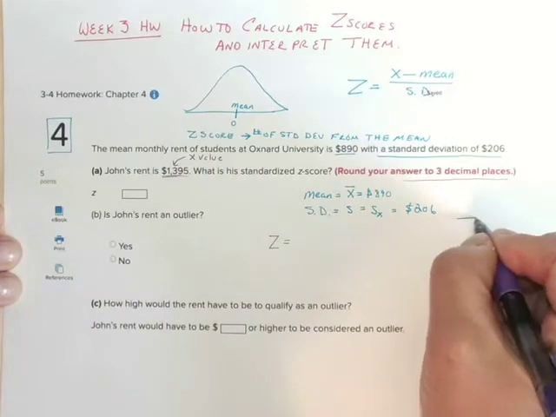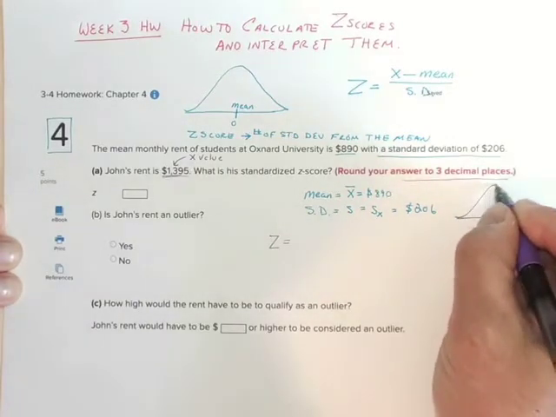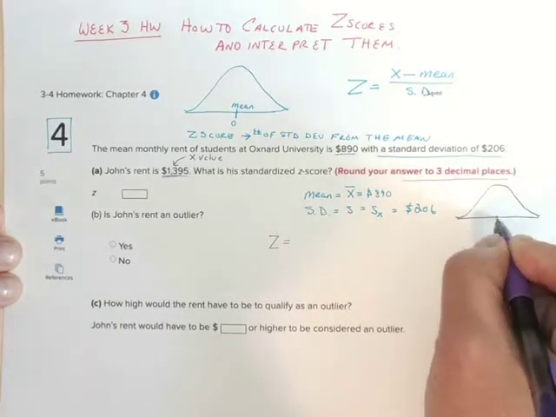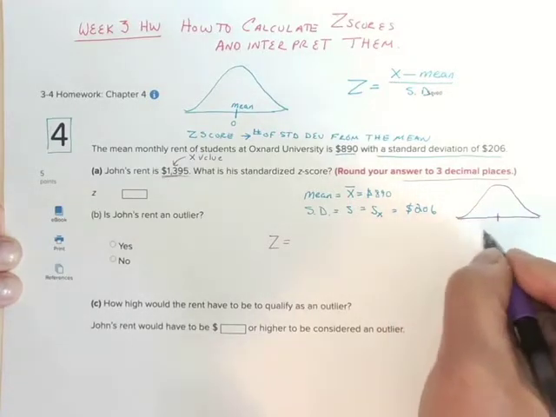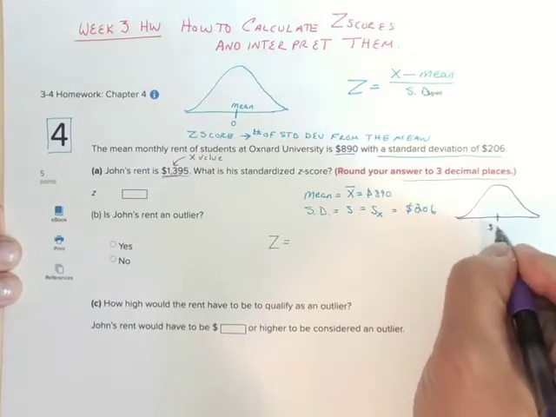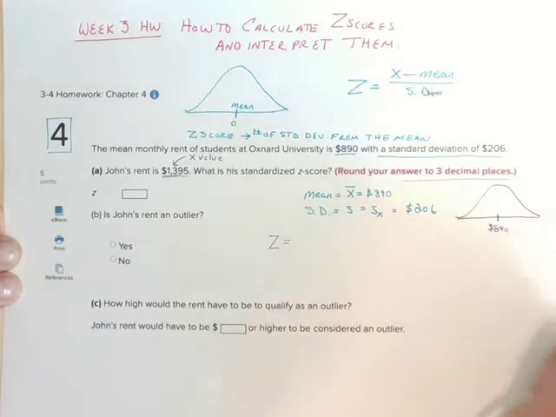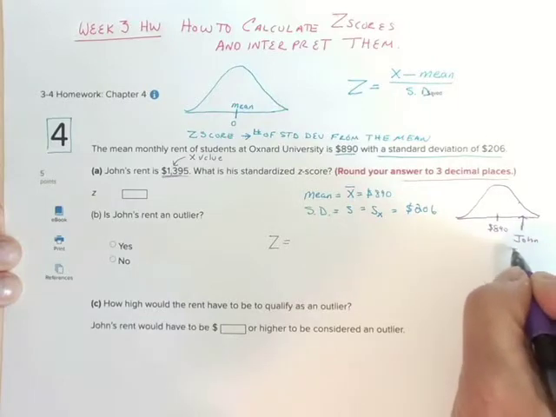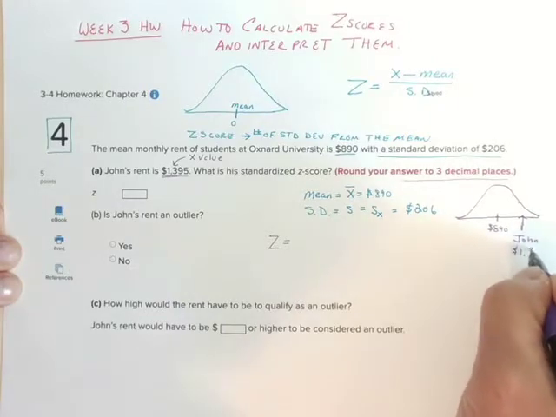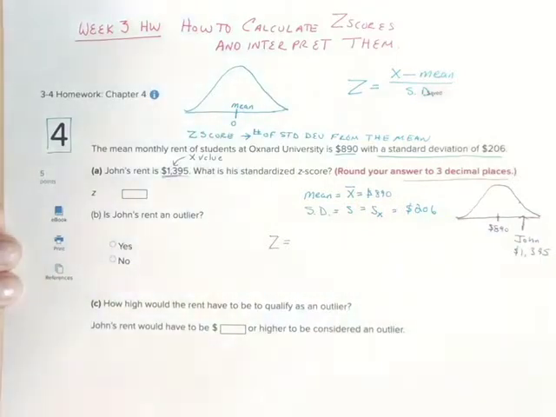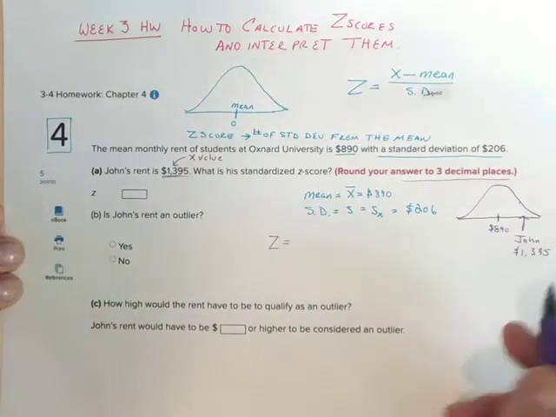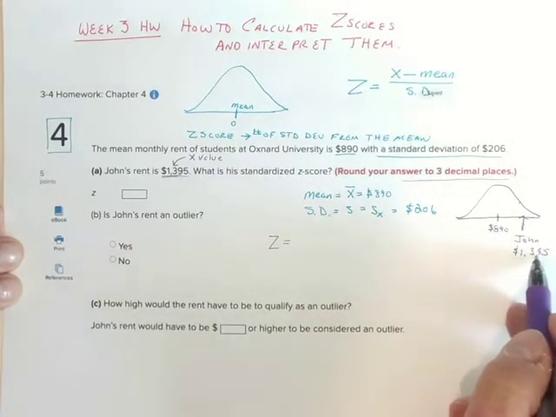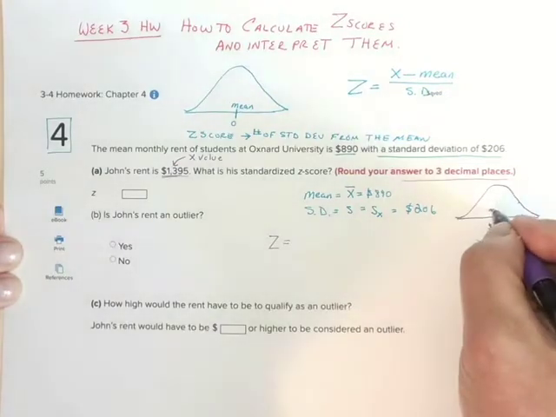Another normal graph you're going to see is if we take the mean, which is $890, and John's rent is $1,395. So how far off is John from the mean?